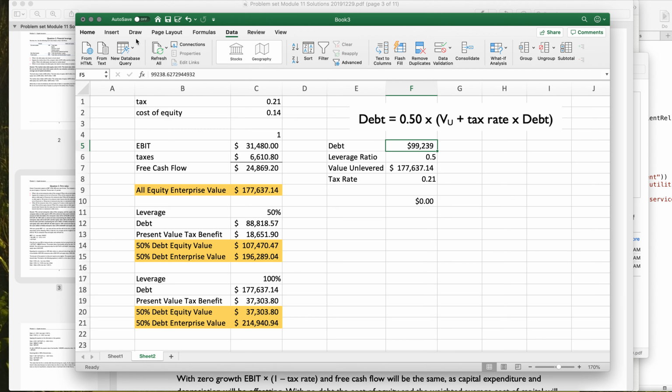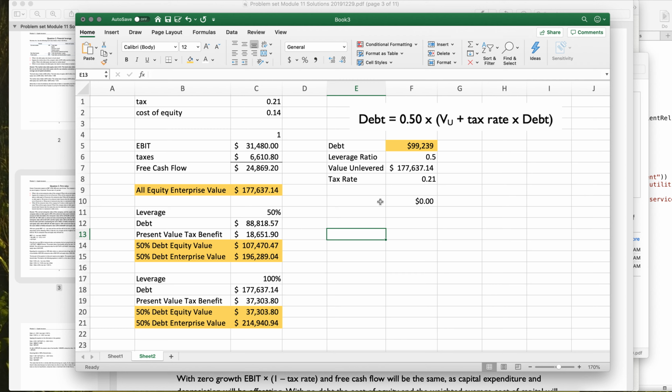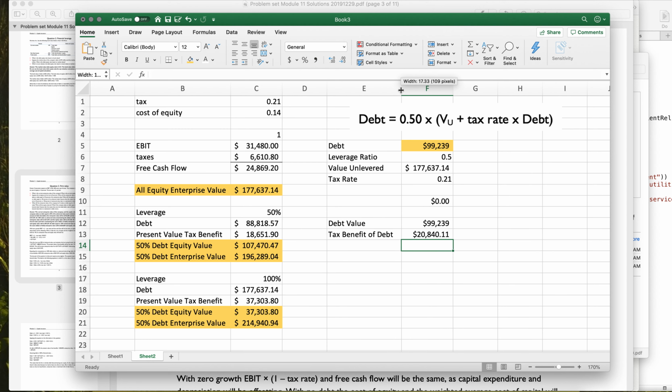All right, so the answer here is 99,239. The tax benefit of debt is 20,000, and then the equity value is similar to what we have here.